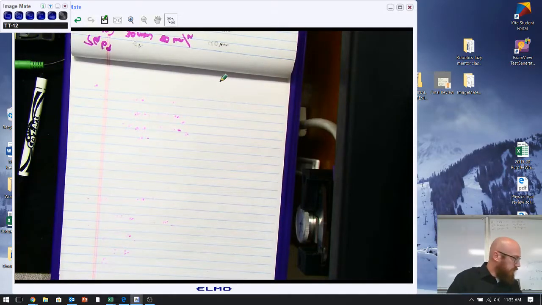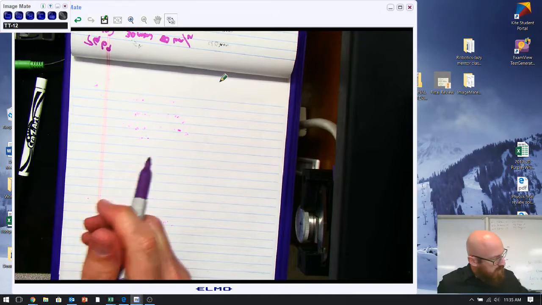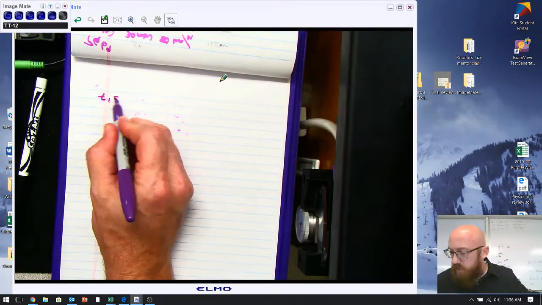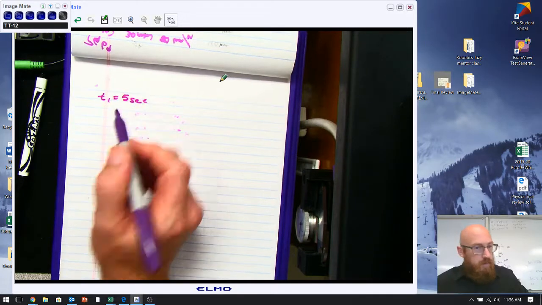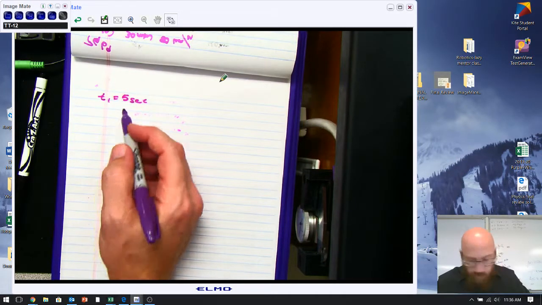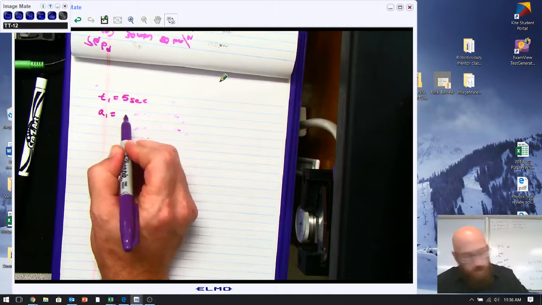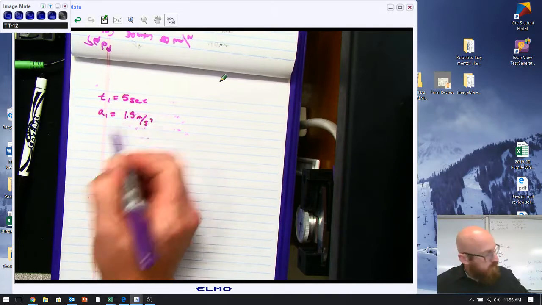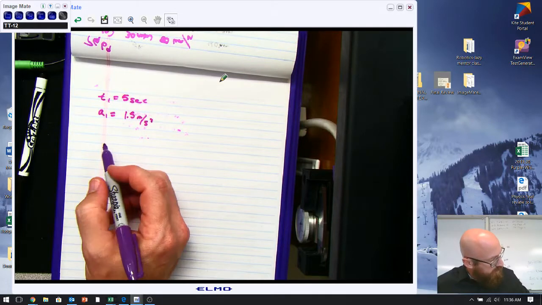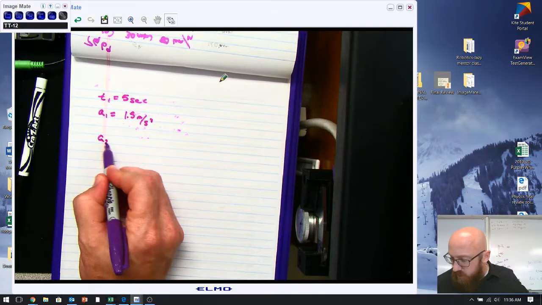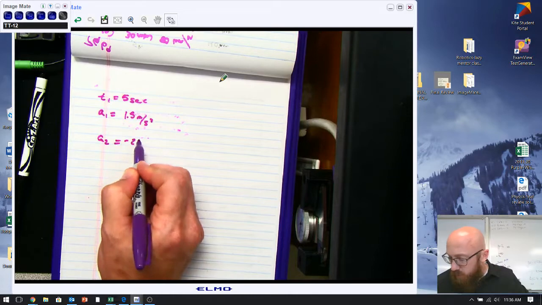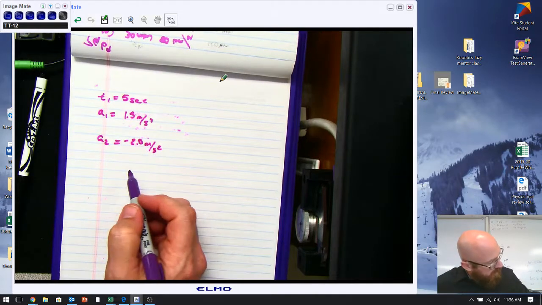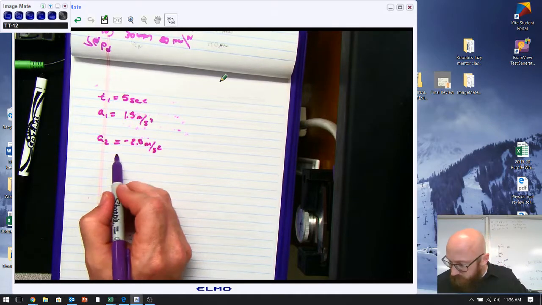So 22 travels for T1, 5 seconds, with an acceleration 1 of 1.5 meters per second squared, then brakes with acceleration 2 at negative 2.0 meters per second squared for 3 seconds.